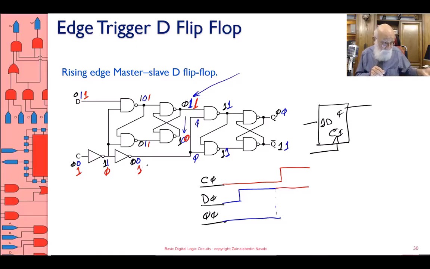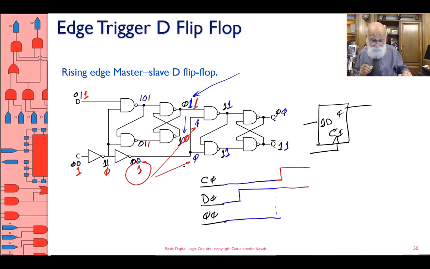Look at the red one. Now, see, this clock is 1. This clock is 1, and therefore the two inputs are no longer 0, 0 to hold a 1, 1 here. A 1, 1 means the Q output doesn't change.